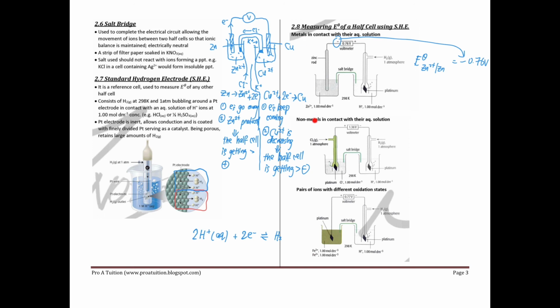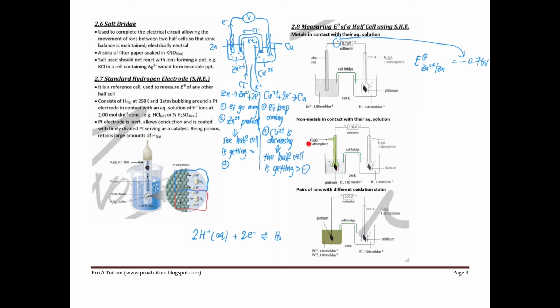Compared to the second one, the second one we use non-metal now. Just now was metal. Metal is kind of easy. The metal itself becomes the electrode, and the ions become the electrolyte. But when it's non-metal, like chlorine gas, then we have to use platinum as the electrode.